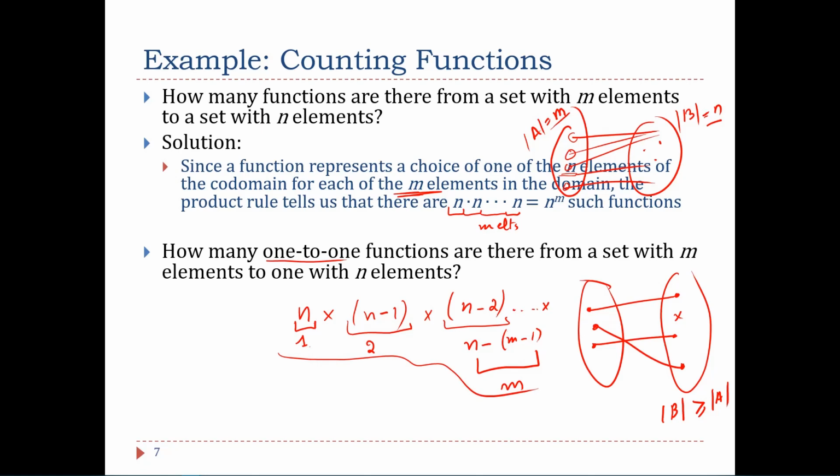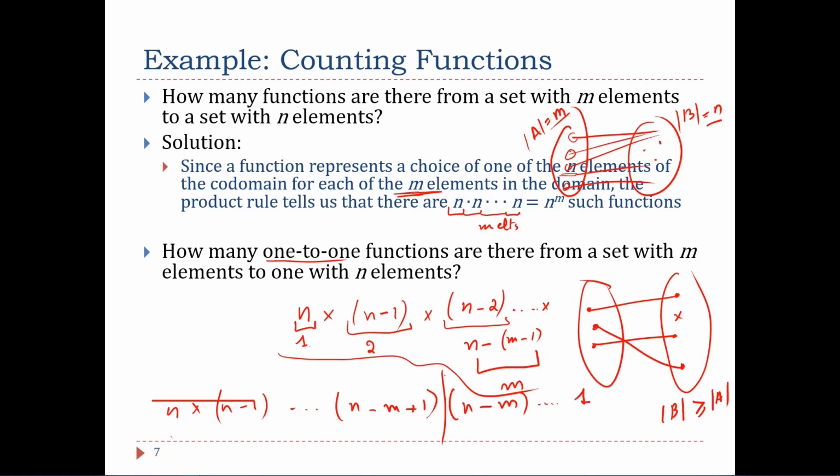So after this element, n minus 1 down to n minus m minus 1, okay? So which is, let's do it the other way around. So it's n minus m plus 1. So the next element naturally that is omitted from this multiplication is n minus m, and then n minus m minus 1, minus 2, etc. So down to 1, okay?